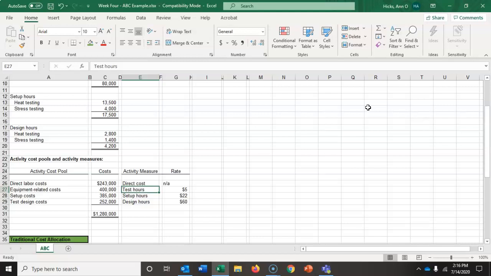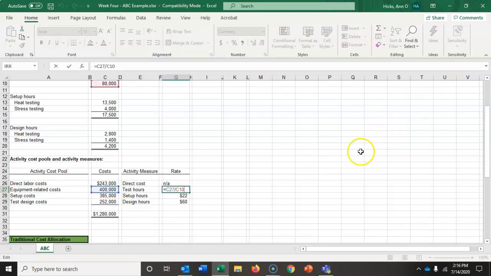The amount of time we're spending running the equipment to run a particular test is a good allocation base for the costs incurred in running the equipment. So what we did to calculate the rate is we took the $400,000 in equipment related costs and divided it by the 80,000 test hours.